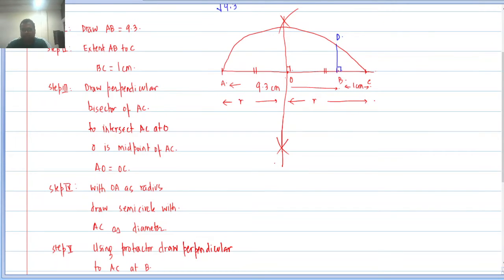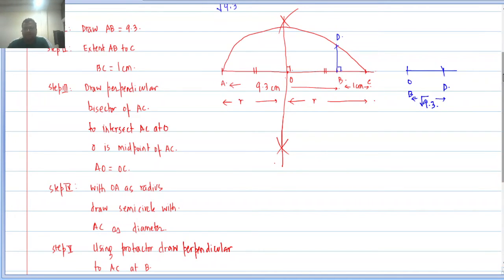You will take the compass, keep one end at B, pencil at D, and that much length you will plot on the line. For example, suppose you draw a line like this has 0, okay, origin, or 0 centimeters, and BD will be over here, for example, like this. This length BD is square root of 9.3.